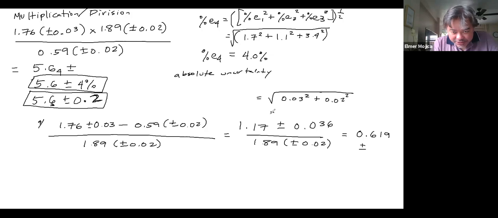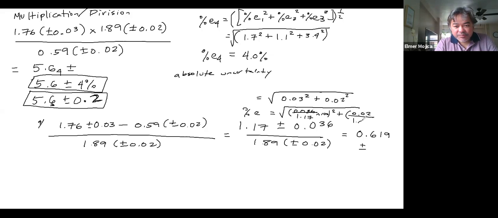So I can use the percentage that I have here. The way that you do percentage uncertainty, I could use the square root, and then I could use here 0.036 over 1.17 times 100 squared plus 0.02 over 1.89 times 100 squared. What would be the number that I will get from here?